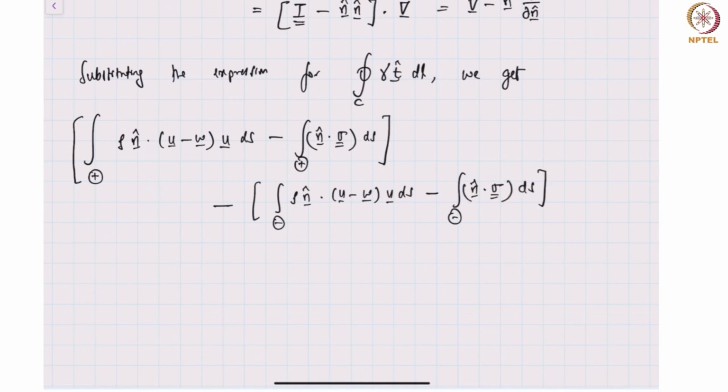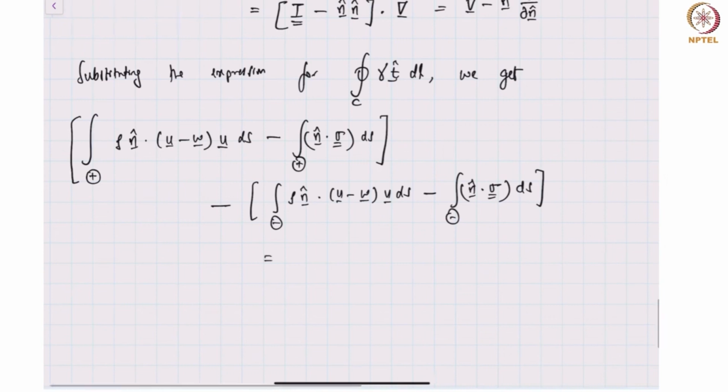I have both of these terms, and these two terms are equal to the surface tension term that we saw, which is surface gradient of gamma minus gamma n hat del dot n. This important relationship that I have is basically the jump condition across the interface.